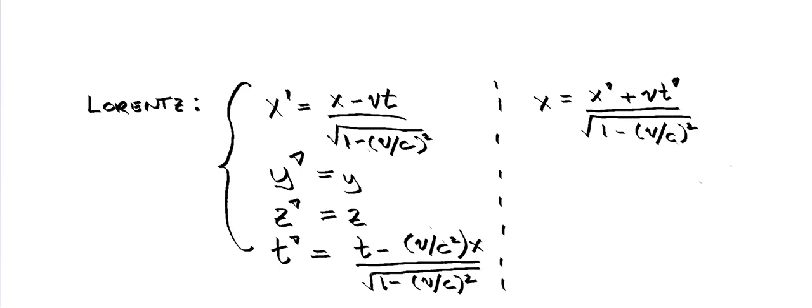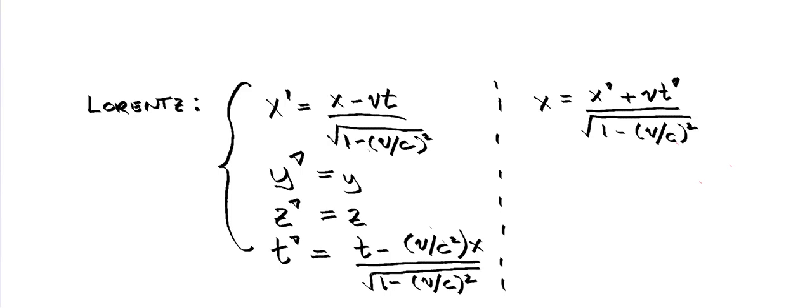So we'll have a primed frame and an unprimed frame. And so to convert back and forth between measurements made in the primed frame and the unprimed frame, we could say that x prime is just going to equal x minus vt over that square root of 1 minus v squared over c squared. And that y prime is y, z prime is z.